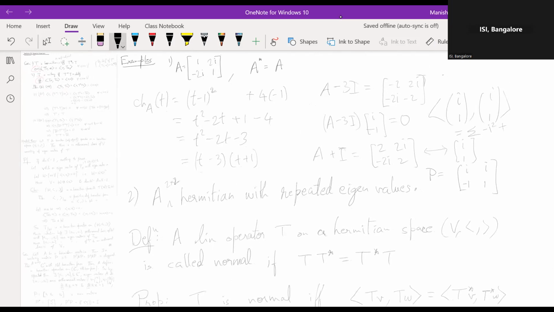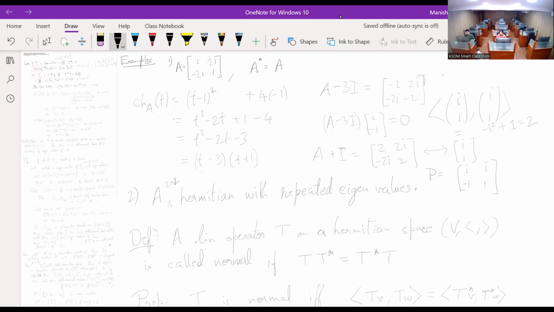And the other bar is 1 itself, and this bar is 1. So maybe let's forget about this sum thing. What you get is, this is not 0, this is 2. I squared is minus 1, minus i squared is 1. So this is 2.